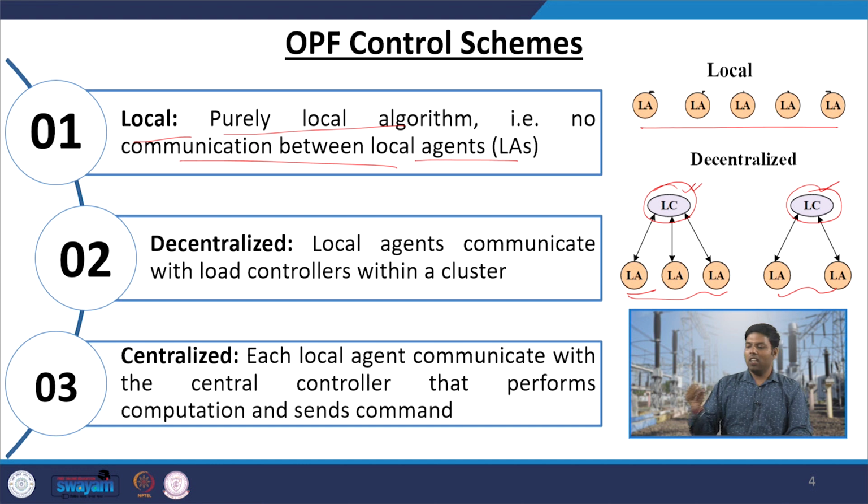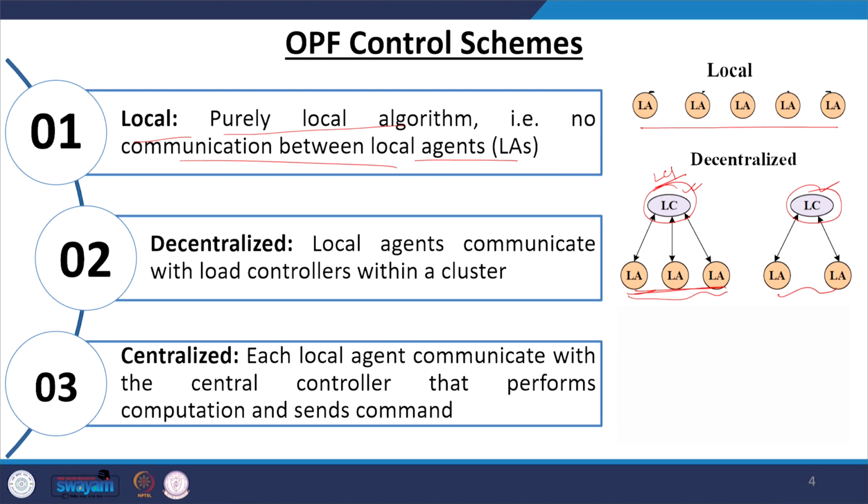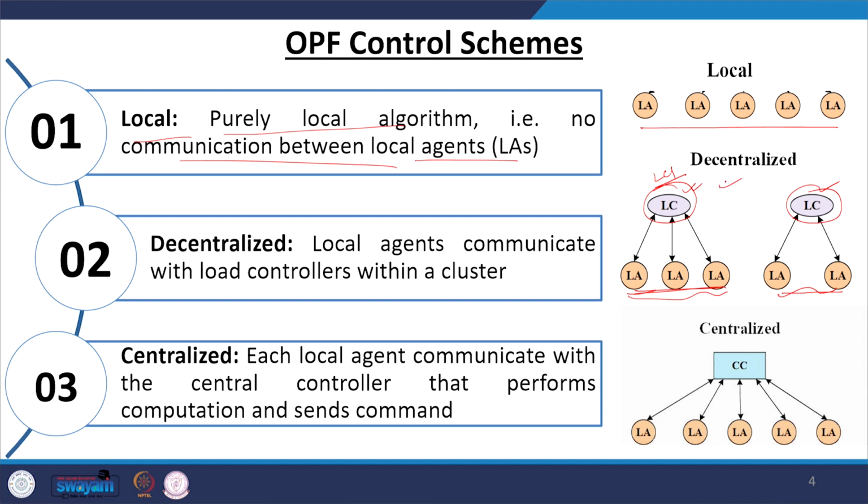They will decide whether the local agent should operate or not and how much. For local agent 1, it will take these three together and derive the solution accordingly. Similarly, it will take the decision for the 2. This is called decentralized control.